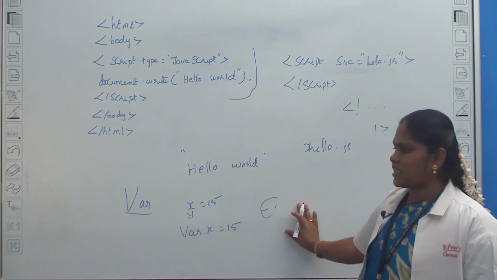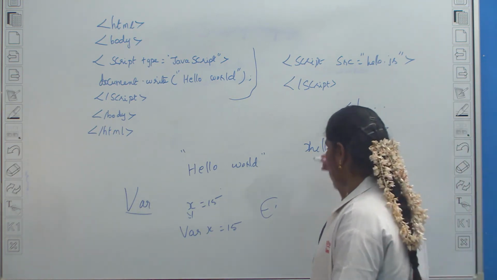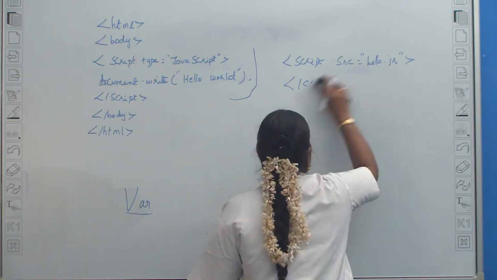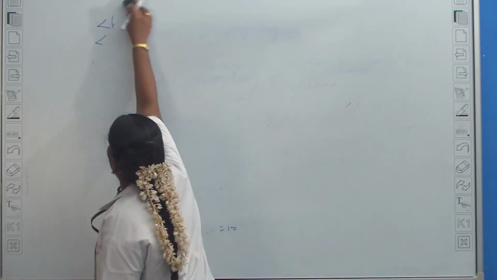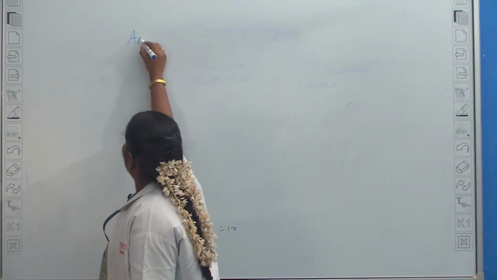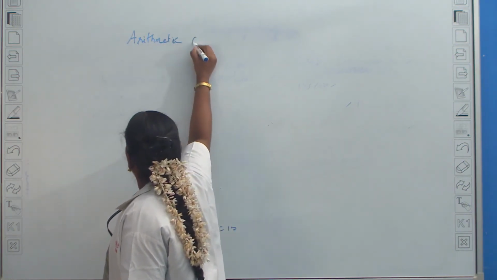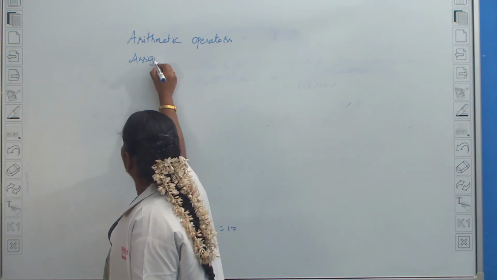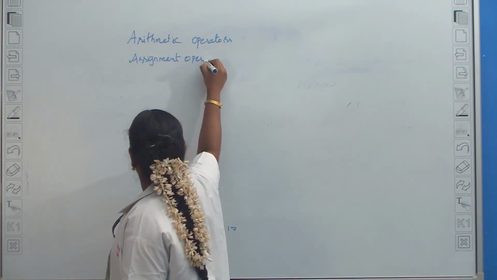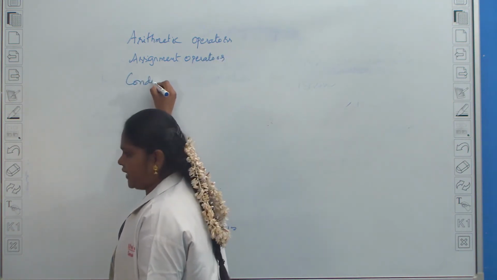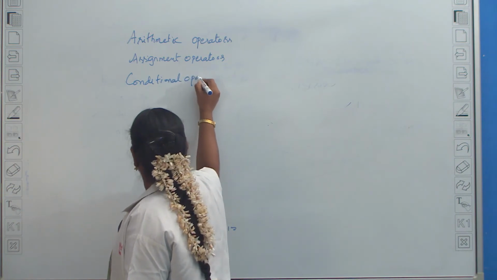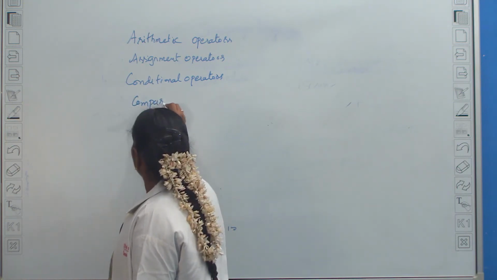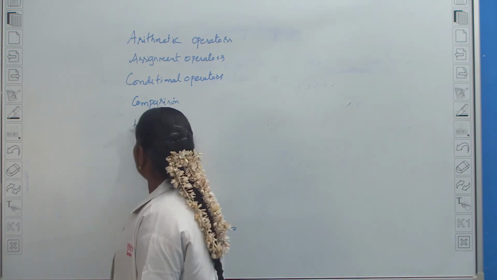And then JavaScript has more than five main kinds of operators. Number one is arithmetic operators, then assignment operators, then conditional operators, then comparison operators, and the last one is logical operators.